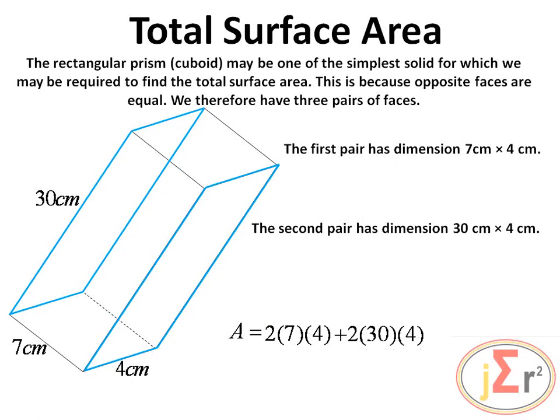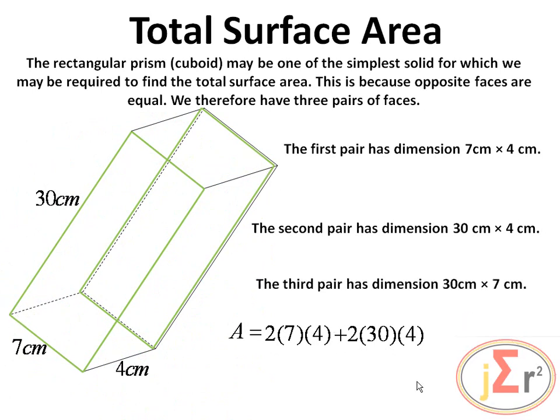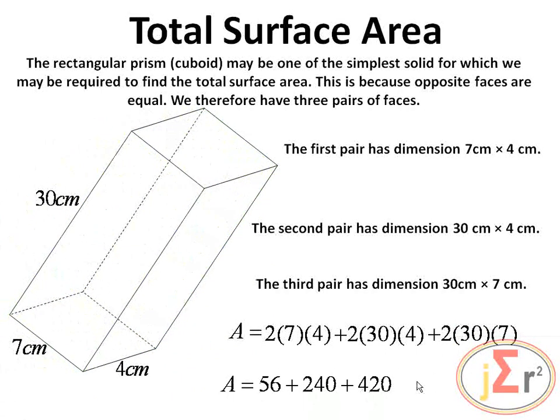So we have 2 of them, so 2 times 30 by 4. And of course, this at the front and the one at the back, this is 7 here and 30 up there, so we know 2 times 30 by 7. So we have 56 plus 240 plus 420, so we have 716 centimeters squared.